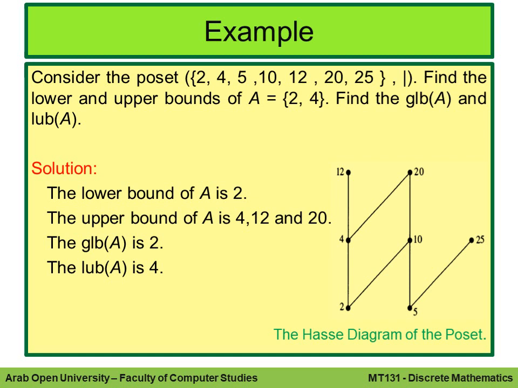Now what is the least upper bound? It would have to be 4. Then 4 divides 12 and 4 divides 20. In that sense, it is the smallest upper bound. Then the least upper bound for A is the number 4. There are 3 upper bounds, 4, 12, and 20. The least of these numbers is 4, least in the sense of divides. 4 divides all the other numbers, and that makes it the smallest.